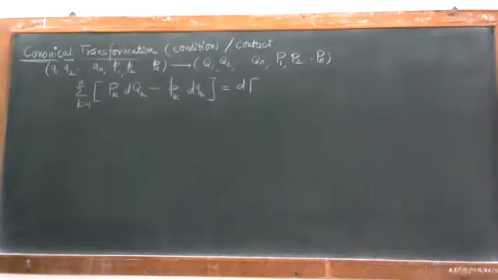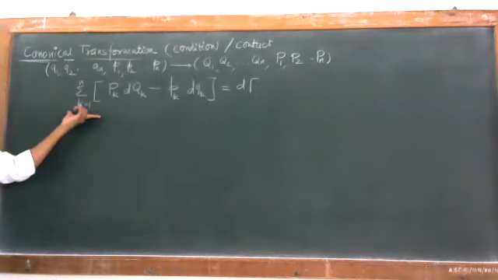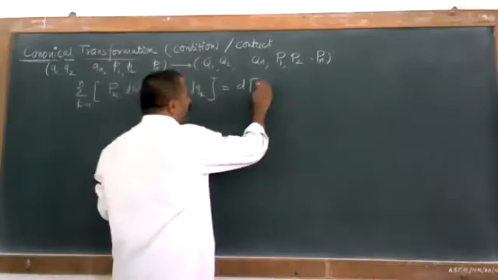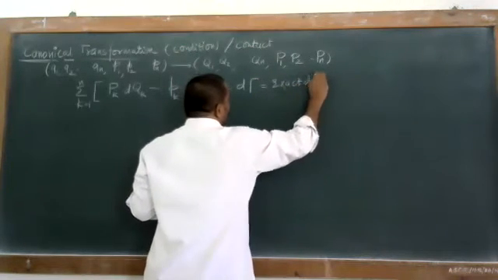Note this condition. The transformation from the old to the new coordinates is said to be canonical if this condition is satisfied. What is theta? This theta is known as an exact differential.